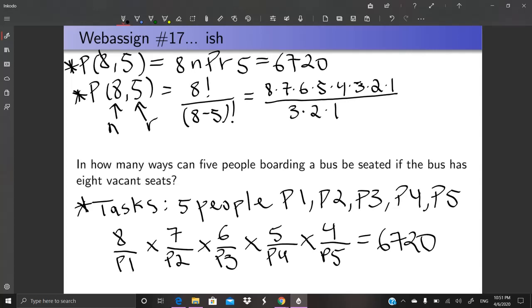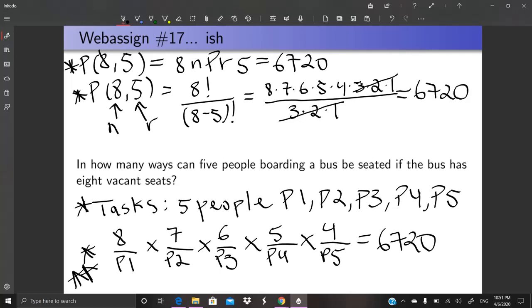From this point on, you can cancel the 3 times 2 times 1 in the top and bottom, and what's left is 8 times 7 times 6 times 5 times 4, which is exactly what we have when we use the way of 6.3. So in the end, we still get 6720.